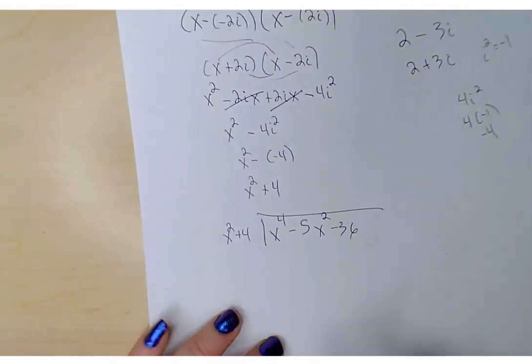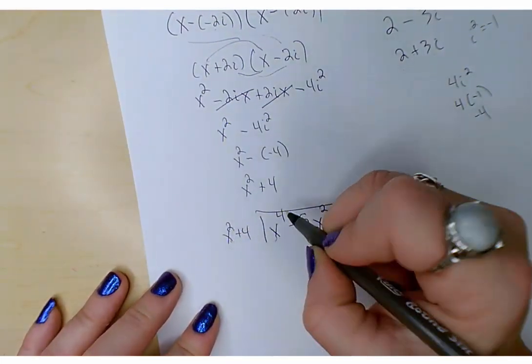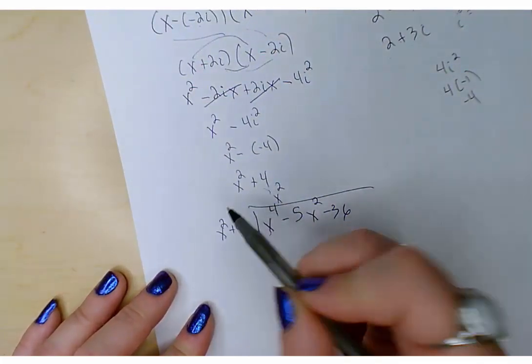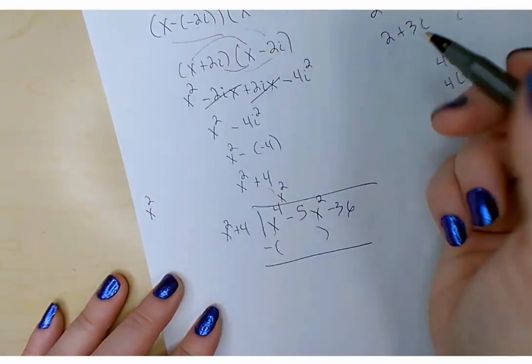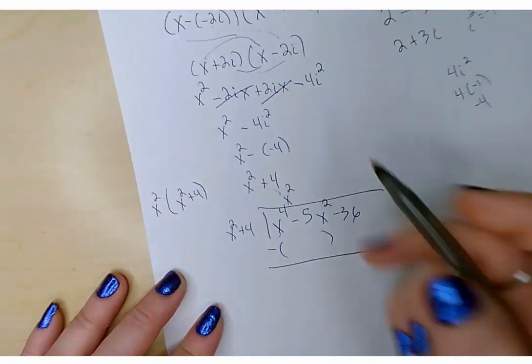So do long division, divide this out. X squared goes into x to the 4th, x squared times. Remember to multiply x squared times your divisor to see what we would subtract. So x squared times x squared plus 4.